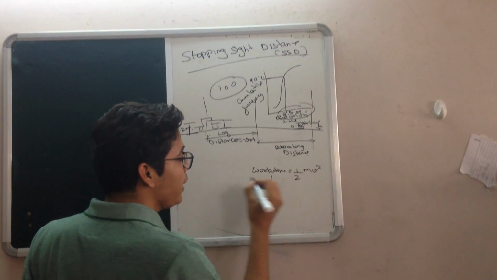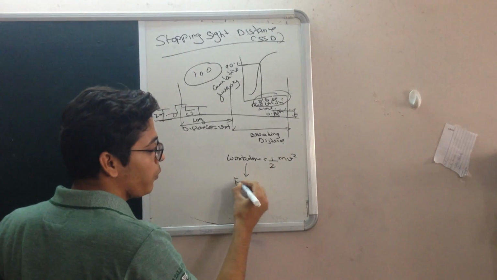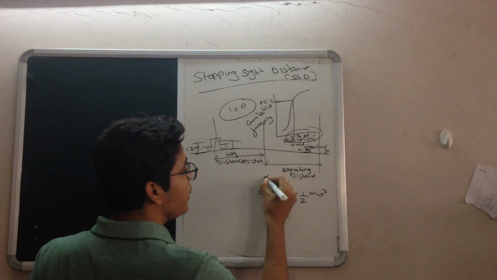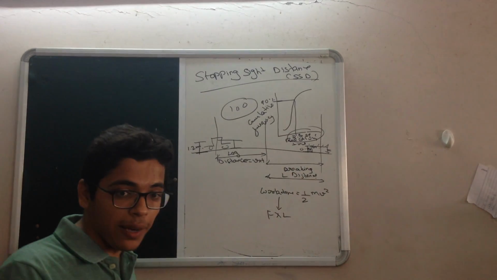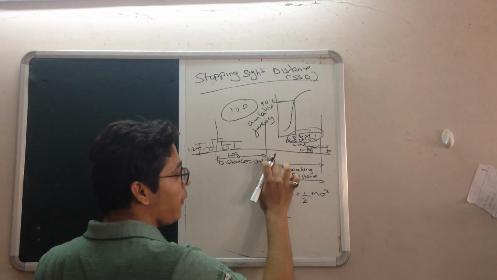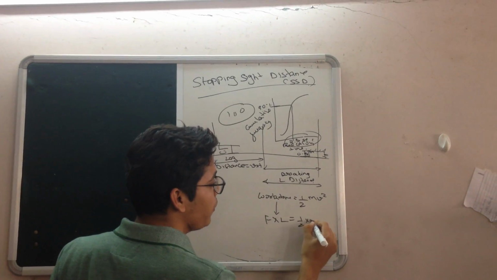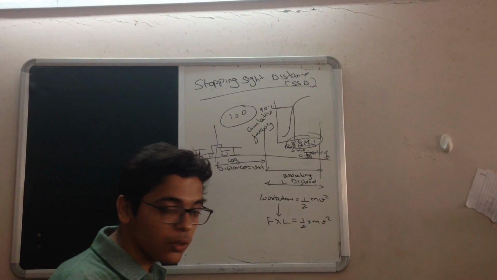Now, as we know, work is equal to force into displacement. This L is the braking distance, that is the distance travelled after the application of the brake. And here it is half mv square.